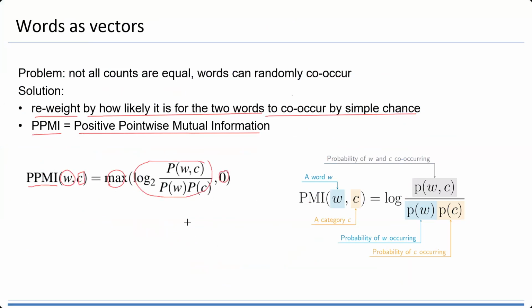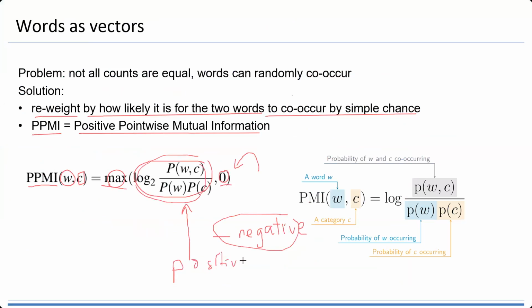If the result of this log is negative, then we will not choose it. We will choose the maximum between the log and 0. So if it is negative, then we put 0. If it is positive, then we choose the log result.